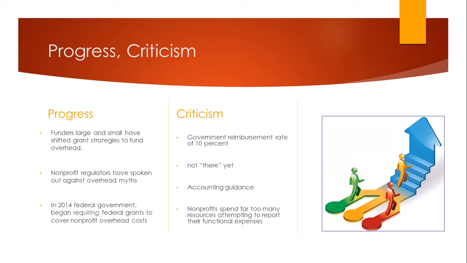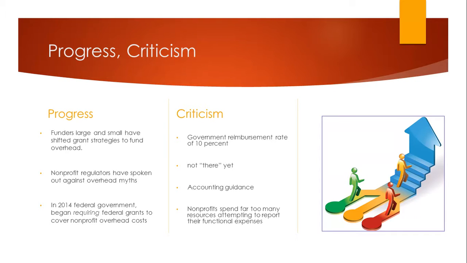For example, Charity Navigator, GuideStar, and other nonprofit regulators have already spoken out against the myth that overhead spending is a meaningful way to evaluate nonprofit performance. And then in 2014, she talks about how the federal government began requiring federal grants to cover nonprofit overhead costs.